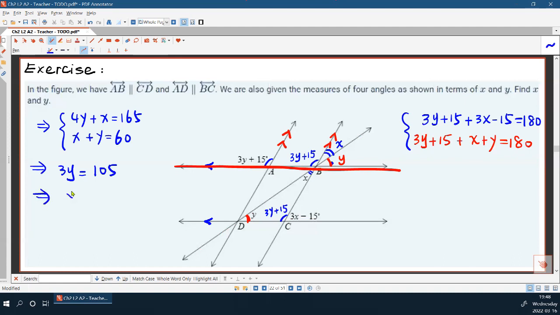That means y equals 35, right? Therefore, if y is 35, x is 60 minus 35, which is 25 degrees. Therefore, x is 25 degrees and y is 35 degrees.